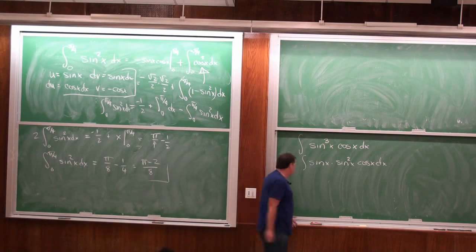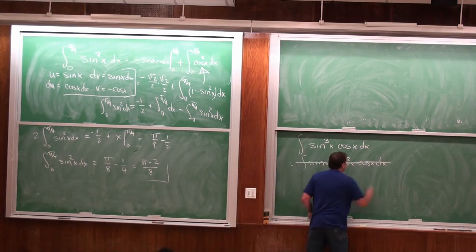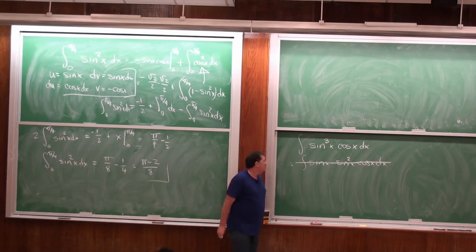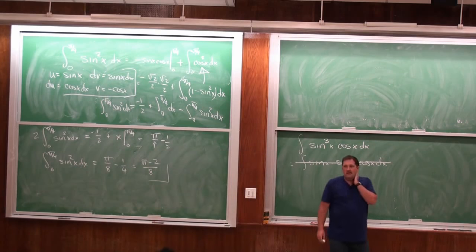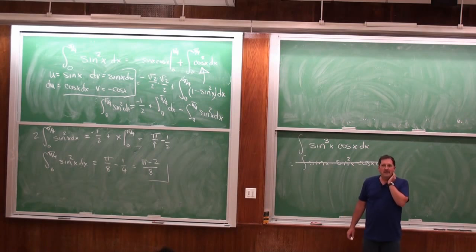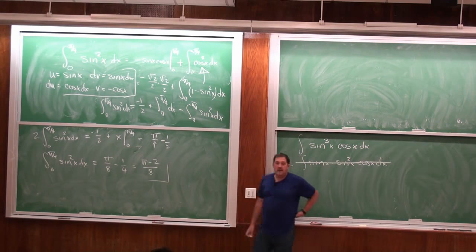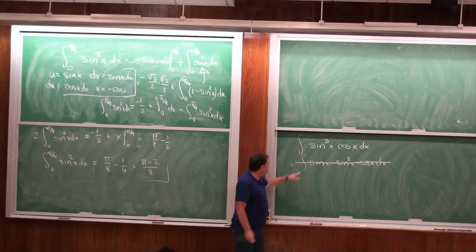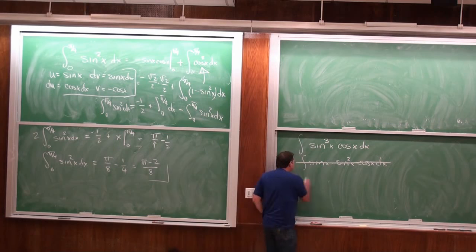Let's make a substitution. I mean, I can do this, but I don't want to. So let's make a substitution. What should I substitute? Okay. So I should substitute sine. Why should I substitute sine? Because the derivative is sitting right here. So I make the substitution.